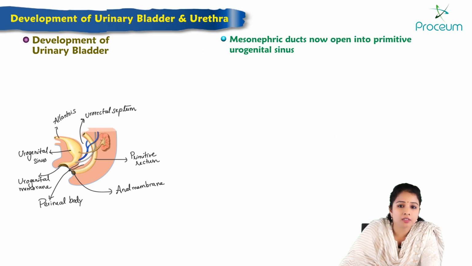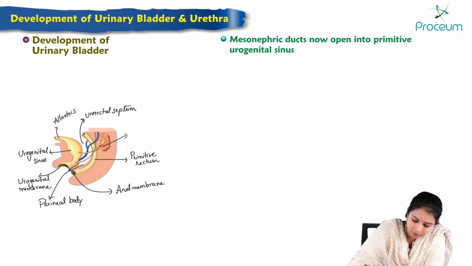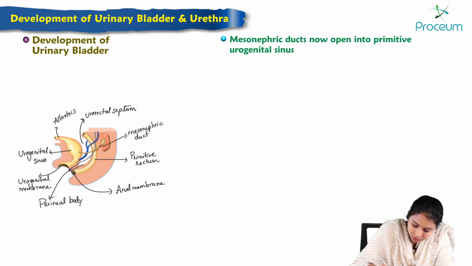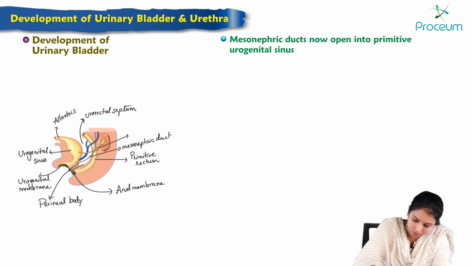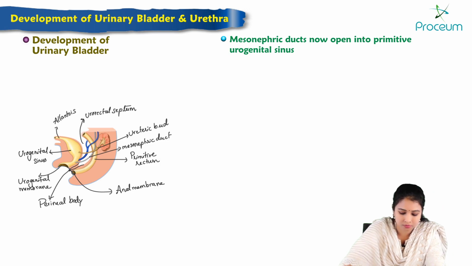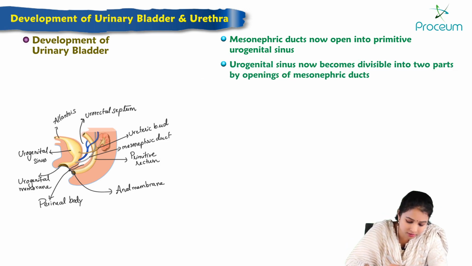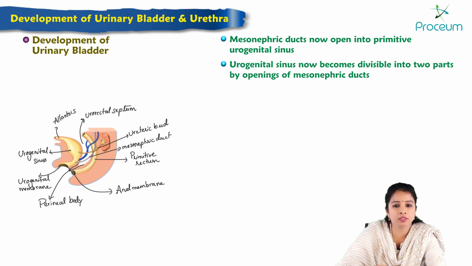So the mesonephric duct now opens into the primitive urogenital sinus. So this is the mesonephric duct, which is divisible into two parts because of the opening of mesonephric duct. So this is the ureteric bud, which is from the mesonephric duct. So the mesonephric ducts now opens into the urogenital sinus, dividing the urogenital sinus into two parts.